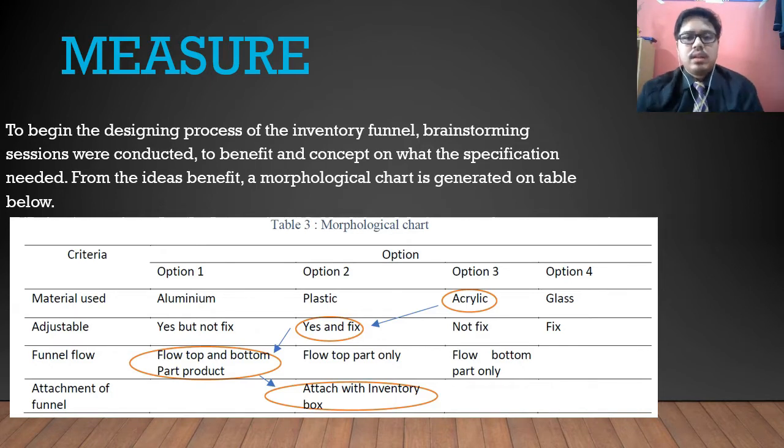As you can see in the morphological chart, the material used for the inventory funnel is acrylic, and the mechanism of the funnel is adjustable. It can be adjustable and fixed. For the funnel flow, it will flow the top and bottom part of the product, and the funnel will be attached to the inventory box which holds the top and bottom part of the product.